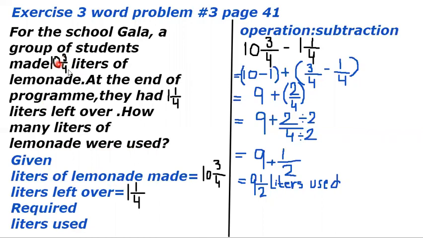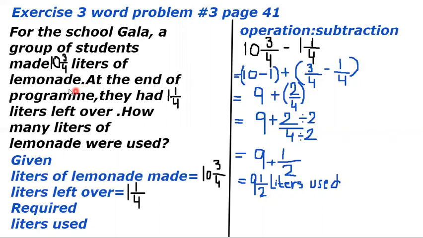Okay, in all word problems, you have to decide which operation you have to use. You know that there are 4 operations: addition, subtraction, multiplication, and division. And in a word problem, mostly you can find a clue word which helps you decide which operation to use.